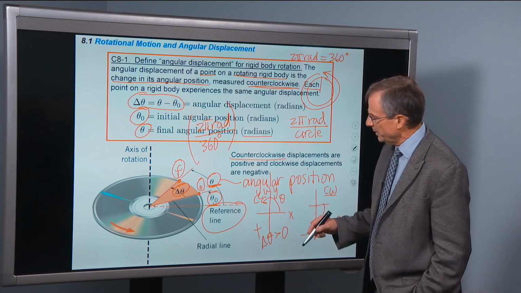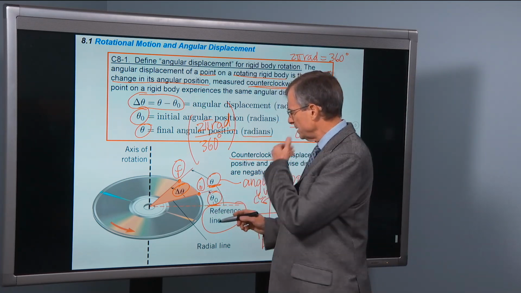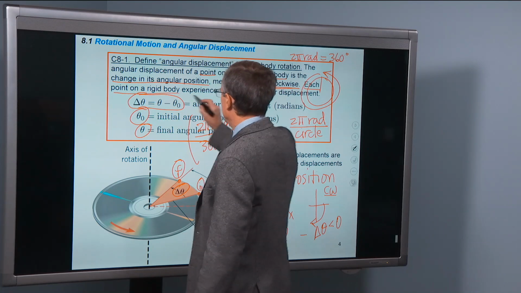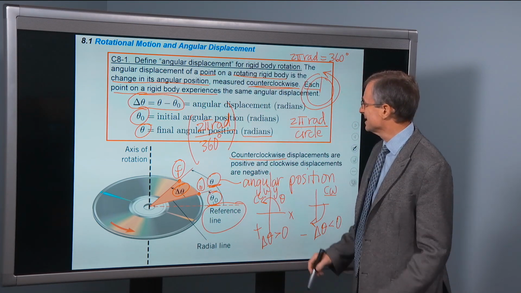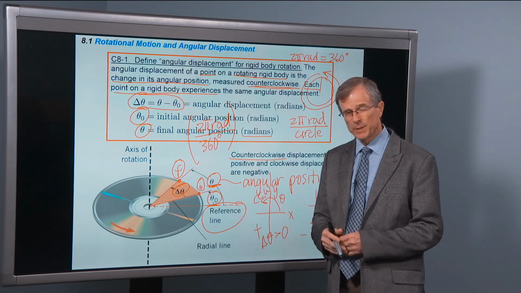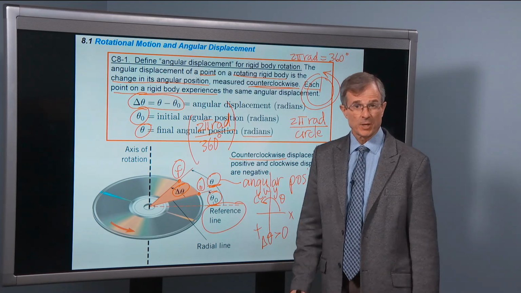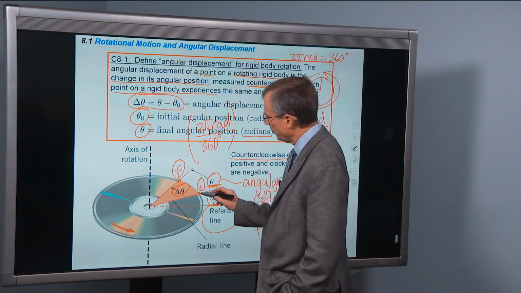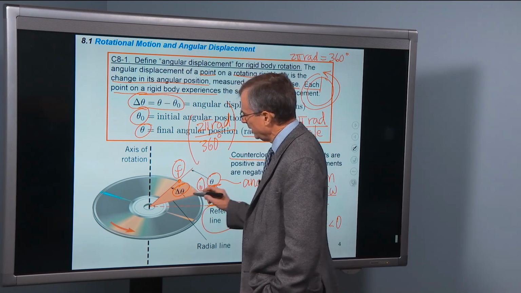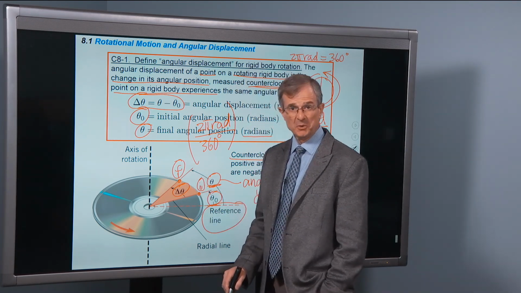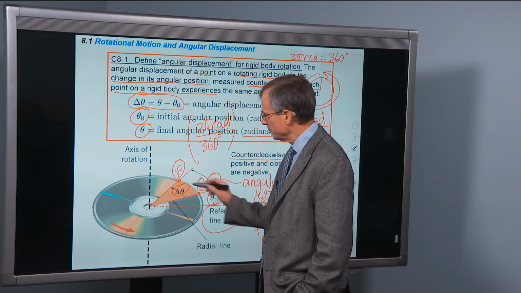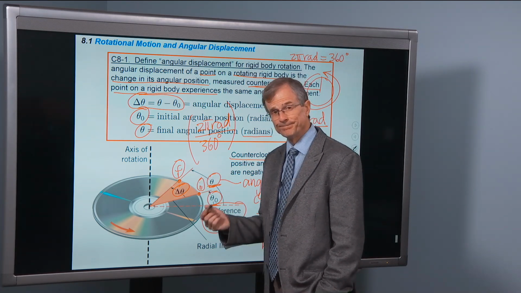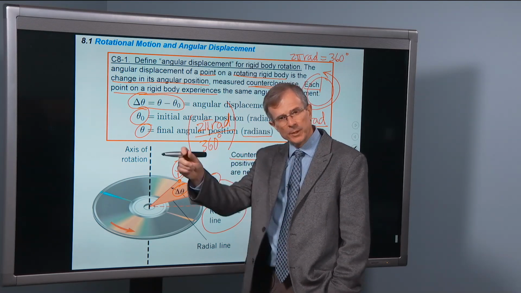All right, the other point that I wanted to make here is this one. Each point on a rigid body experiences the same angular displacement during the same amount of time. How so? Let's look at these 2 points, and it looks like this angle might be 30 or 40 degrees of angular displacement between the initial and final points that the point on the rim was at.